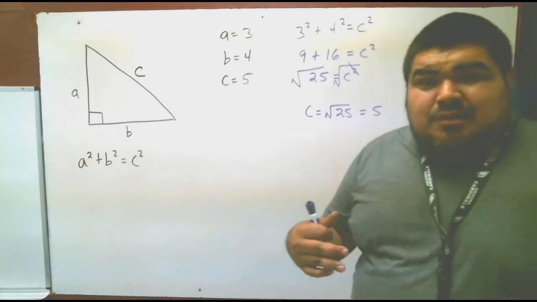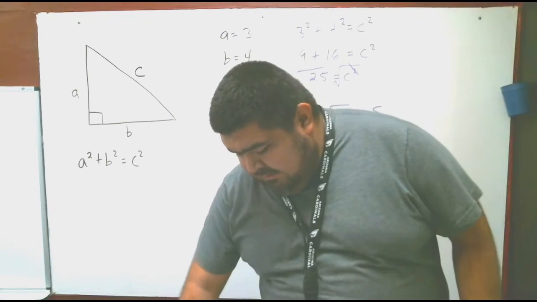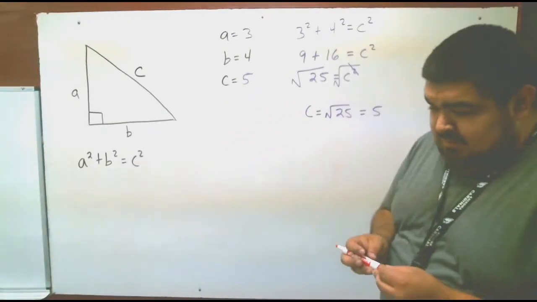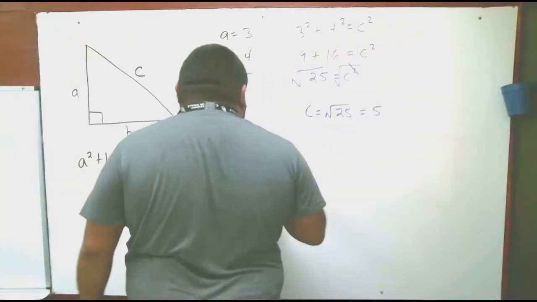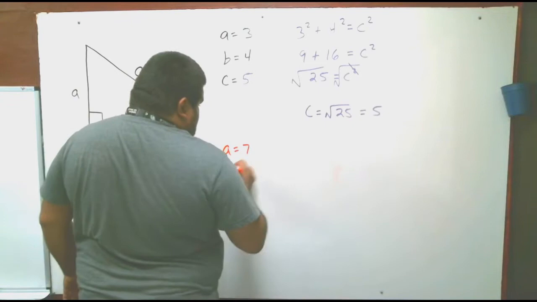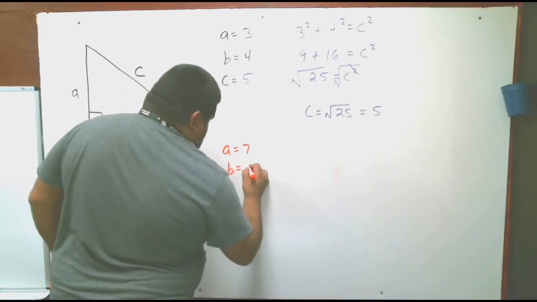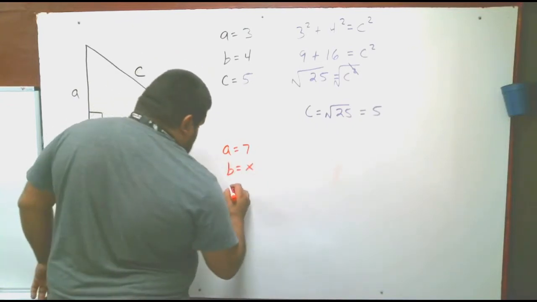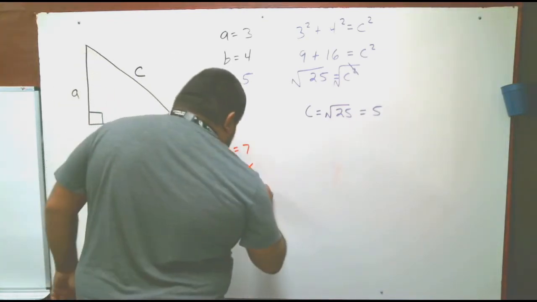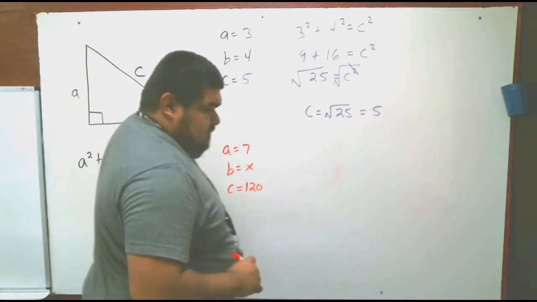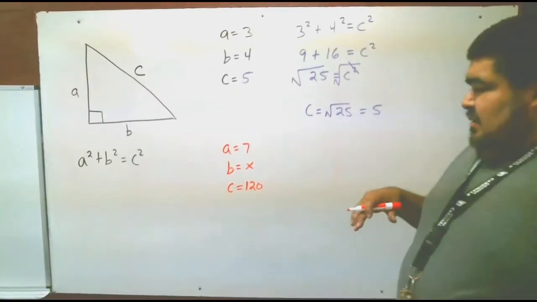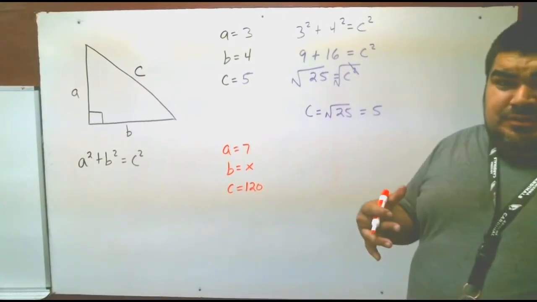Sometimes we have to look at an opposite, and sometimes there are imperfect numbers. For example, if I were to say A equals 7, B we don't know, but C equals 120. Keep in mind, they're not always perfect numbers.